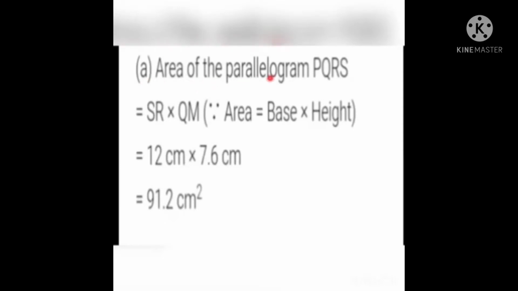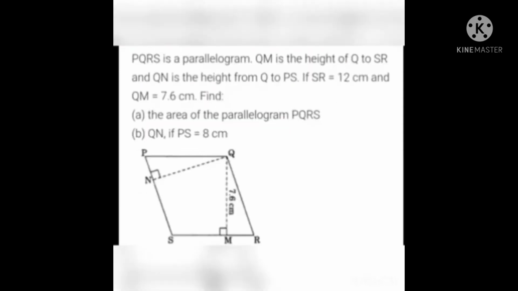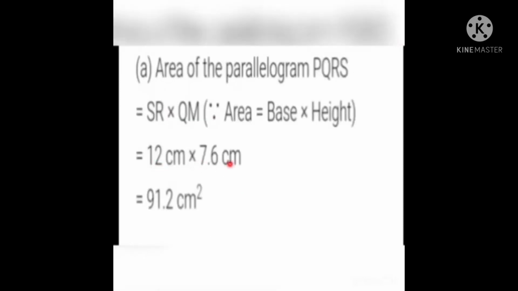Area of the parallelogram is equal to base into height, that is SR into QM. SR is 12, QM is 7.6. So 12 cm into 7.6 cm, you will get the area 91.2 centimeter square. So the first question is solved here.